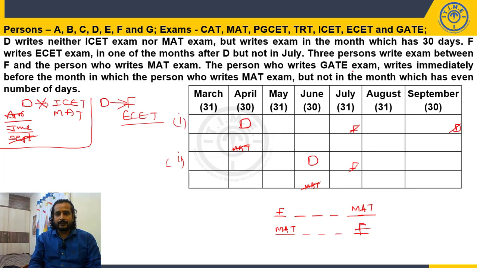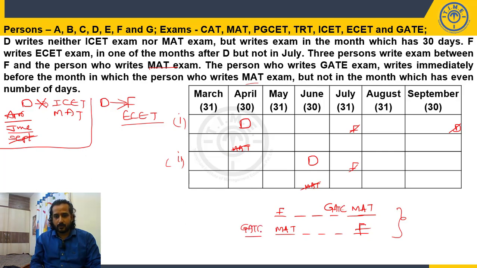The person who writes GATE exam writes immediately before the month in which the person writes MAT exam. Now there is a link with the MAT exam, so I can extend this arrangement. Immediately before MAT, which exam will be there?